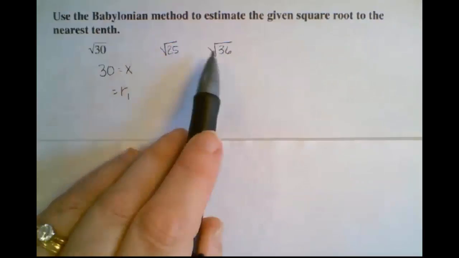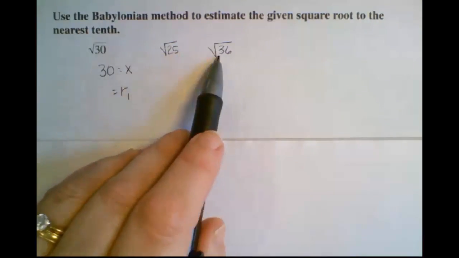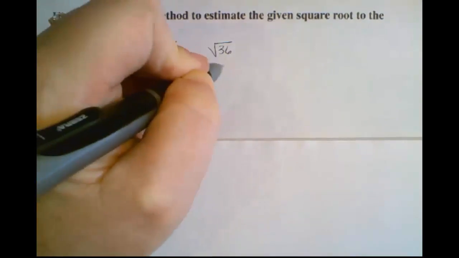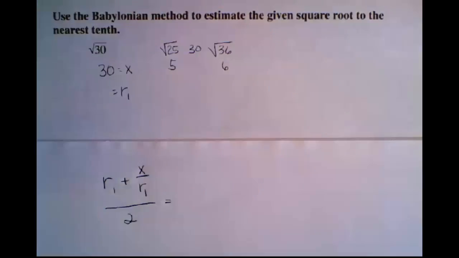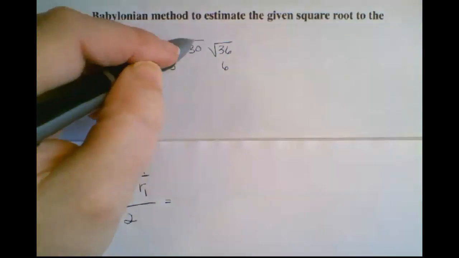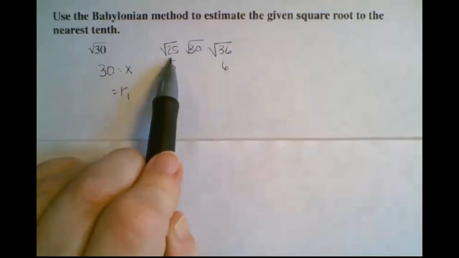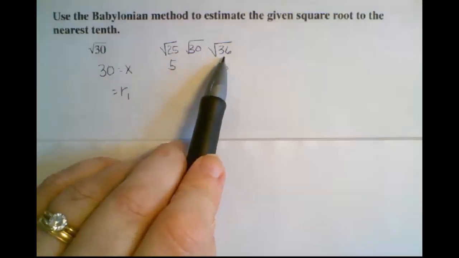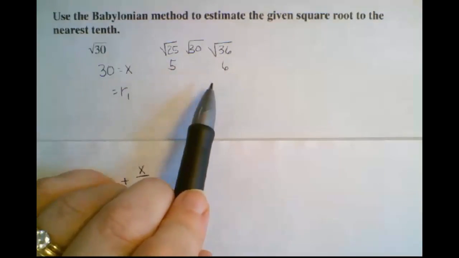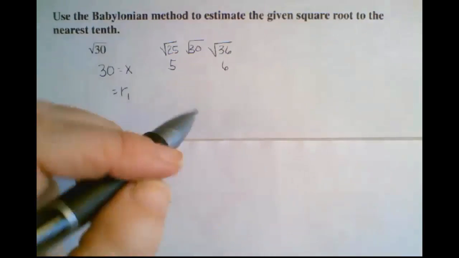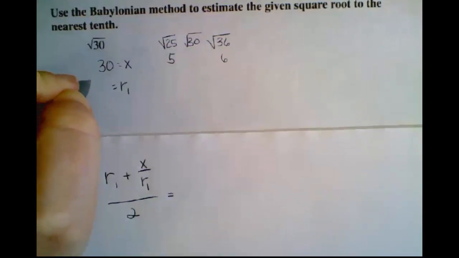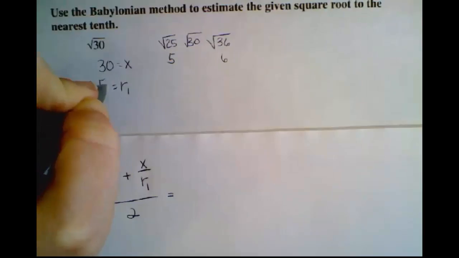So those are the two perfect squares that surround it. 30 is right in between, so the square root of 30 is going to be 5 point something, and it seems very close to the middle. So my first guess I'm going to say is 5.5.